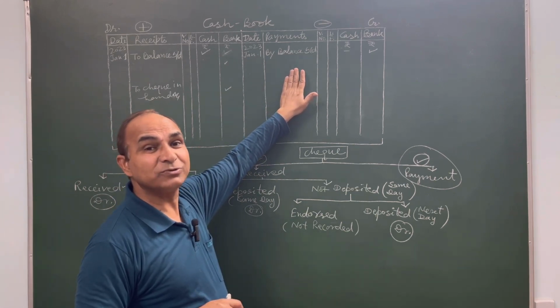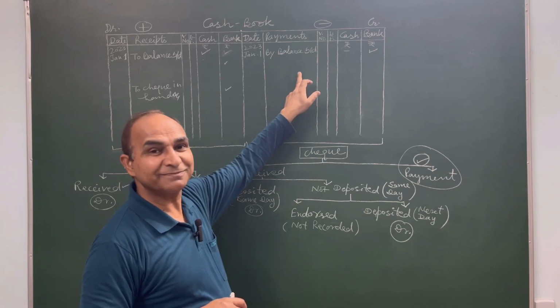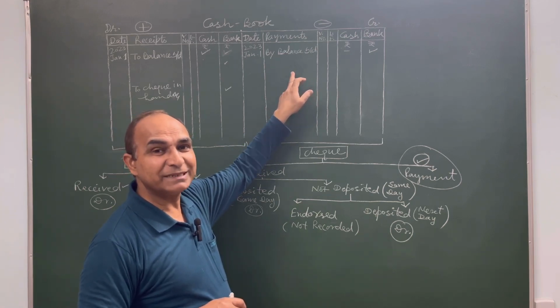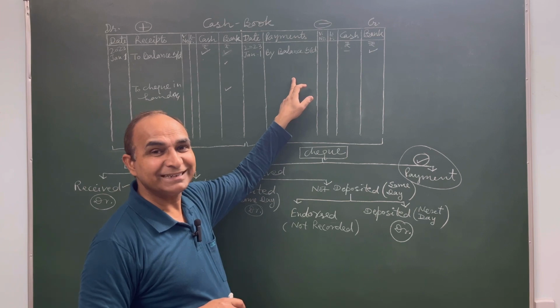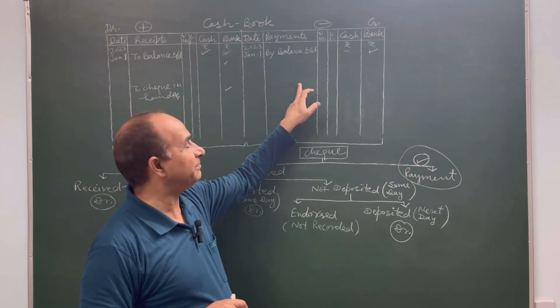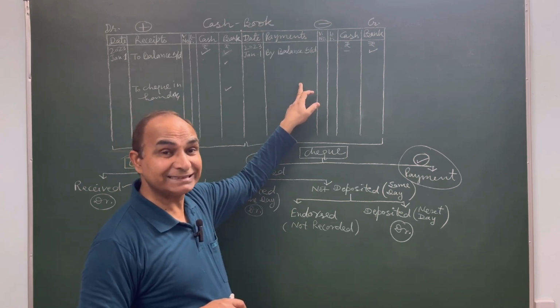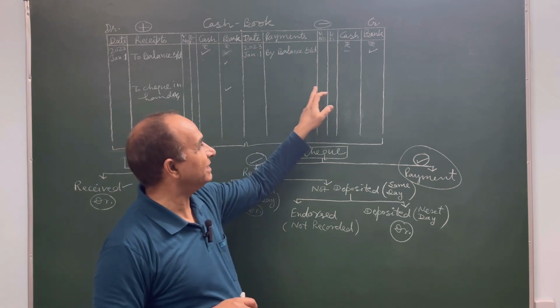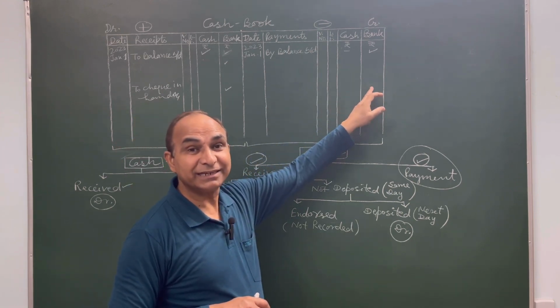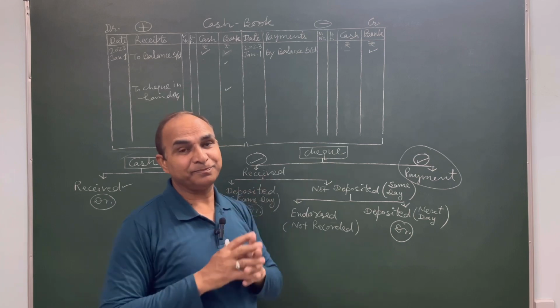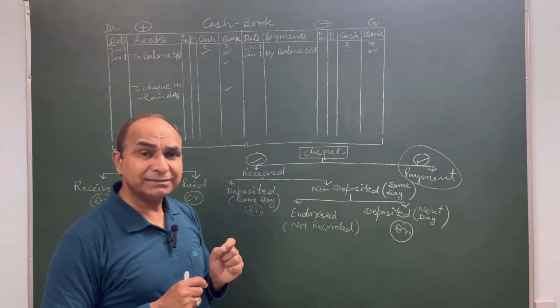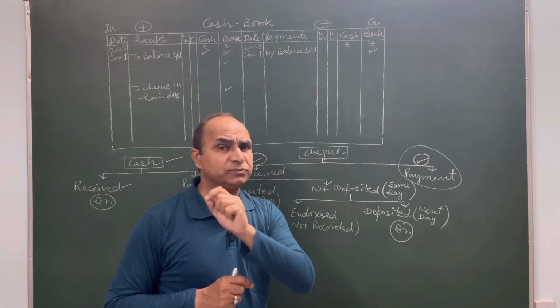If payment is made to someone, write the name of the person. If payment is made for expenses, write the name of the expense. If we purchased goods, write "By purchases." If we purchased fixed assets, write the name of the asset, and it is recorded on the credit side in the bank column. So students, this is the introductory part of the cash book.